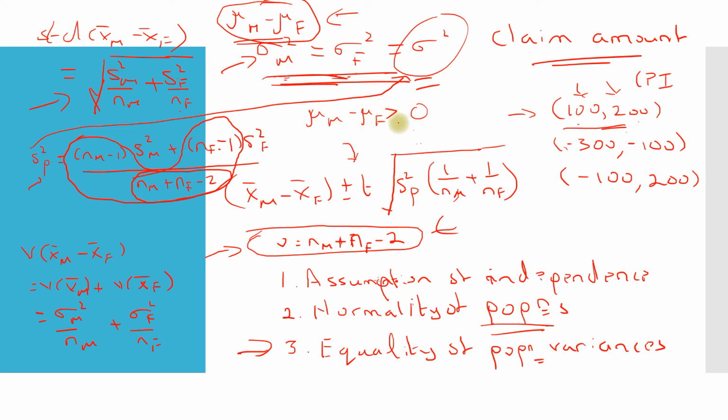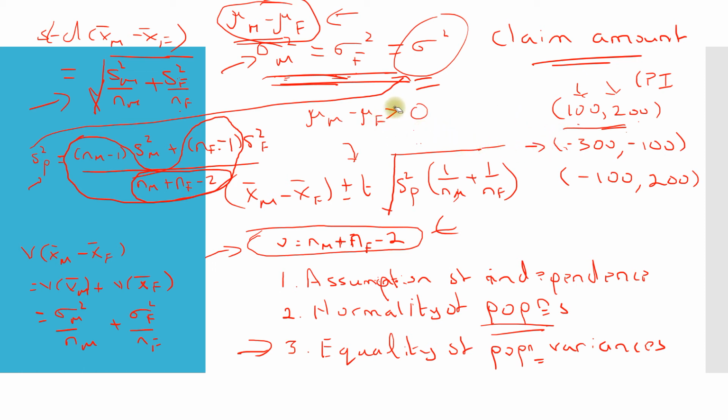So in other words, mu m is greater than mu f. So the next step would be to state the direction of the difference. So you would say there is a significant difference in the average claim amount of male and female, such that male claim higher values than female, higher claim amount than female. So that is how you would interpret if you get something like this.